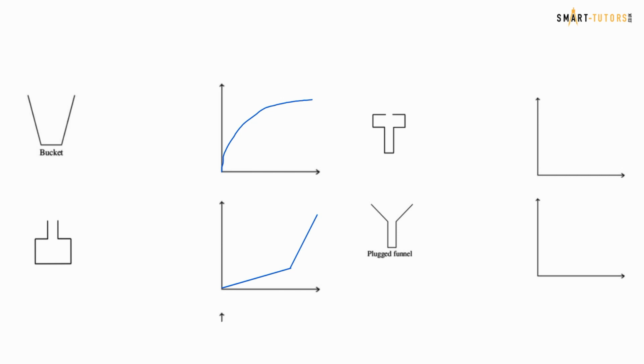And this one is rapidly increasing first, then slowly increasing. Then this one is rapidly increasing, then gradually increasing. So gradually increasing means like that. So those are all the types of graph that can come.